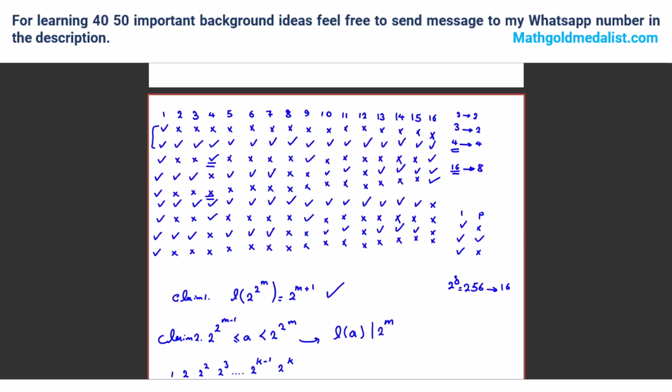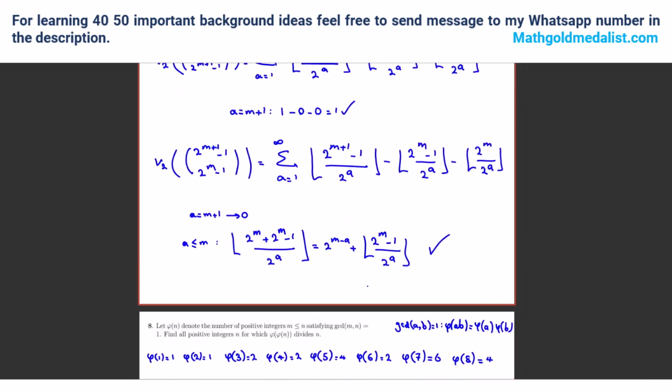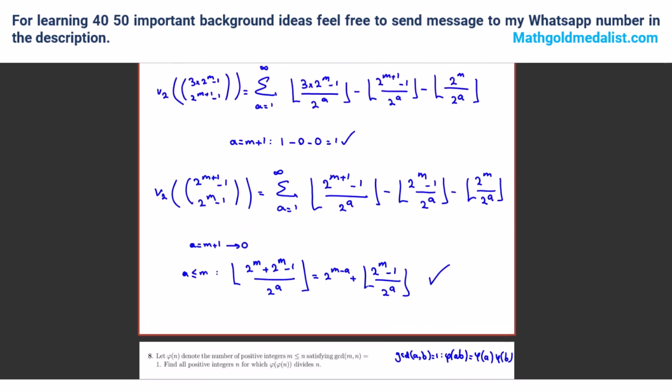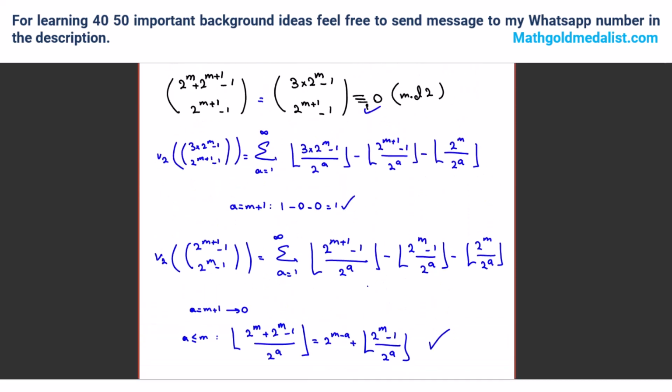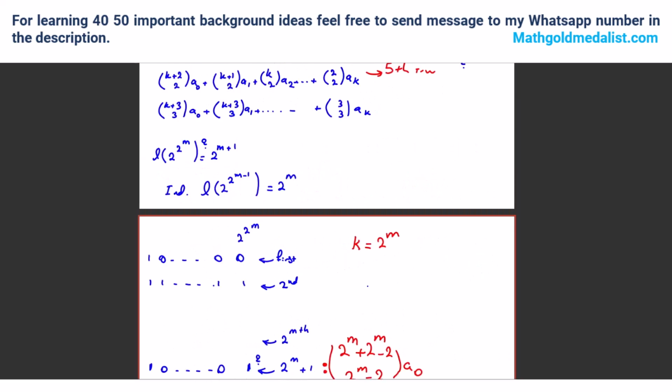So this part I should try; I didn't have time to try this. You can also try this one as homework, okay? That's homework 1. Now let me tell you something. For this one I proved it completely yesterday.